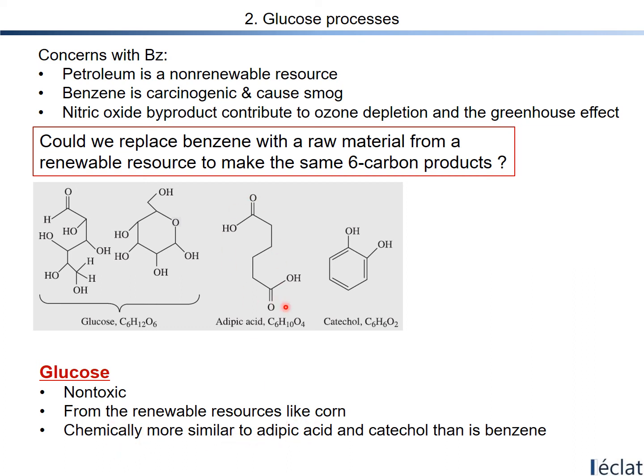Adipic acid is here, and catechol here, then it's benzene. So look at the structures. Glucose is more similar to adipic acid or catechol than benzene. So let's try to use glucose instead of benzene.